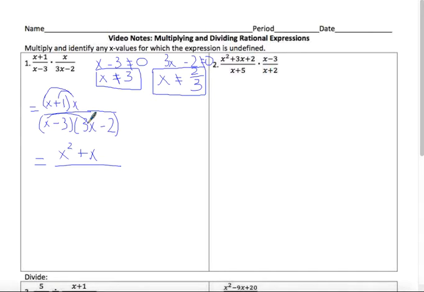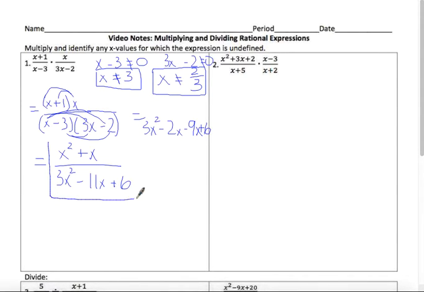So that's going to be 3x squared minus 2x minus 9x and plus 6. And combining like terms gives us 3x squared minus 11x plus 6. So that's how we multiply rational expressions.